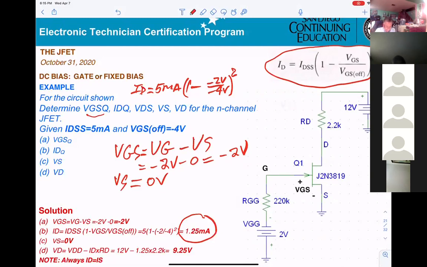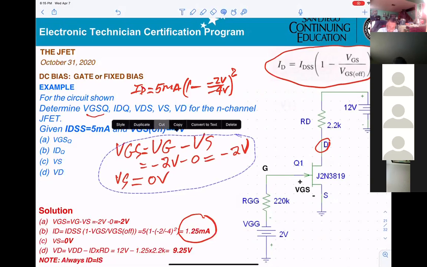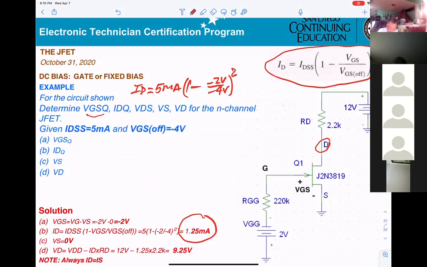And now if you want to calculate the VD, that means the voltage here, VD equals VDD minus ID times RD.